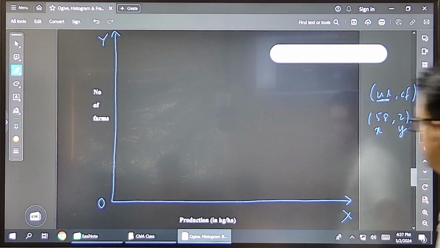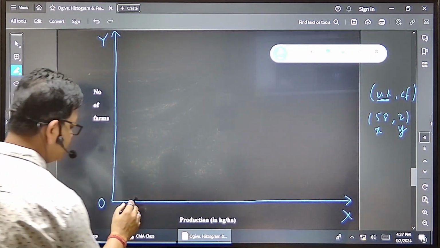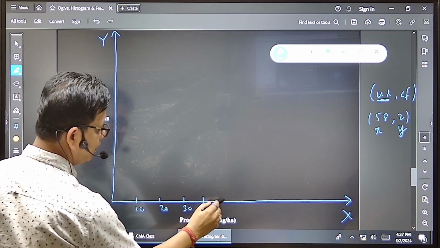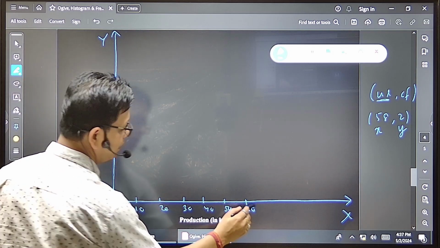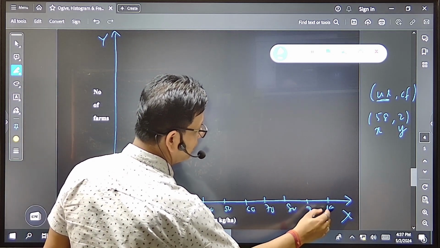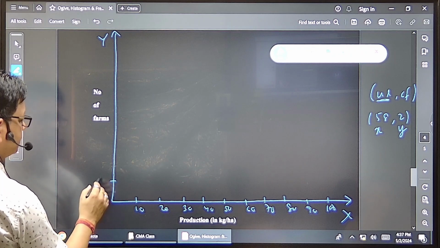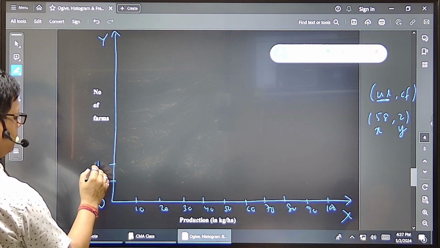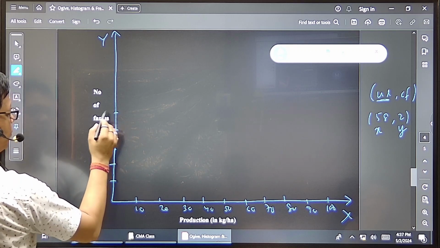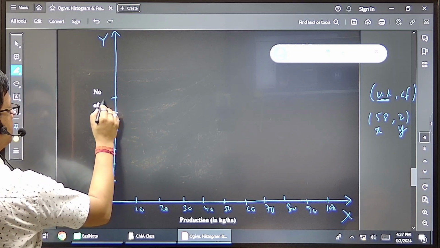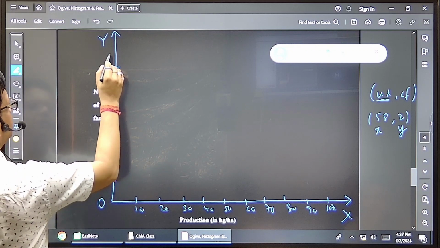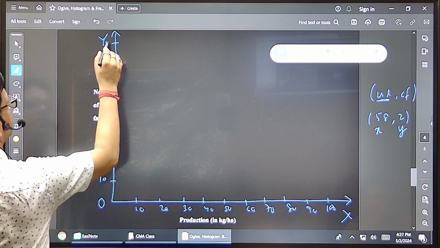So easiest scale will be 0, 10, 20, 30, yes or no? 40, 50, 60, 70, 80, 90, 100. We all are comfortable in this scale. Plotting becomes easy when I take 10, 20, 30, 40, 50 this way.